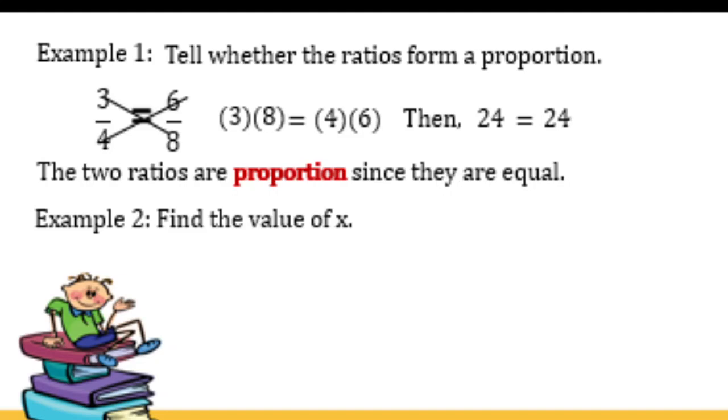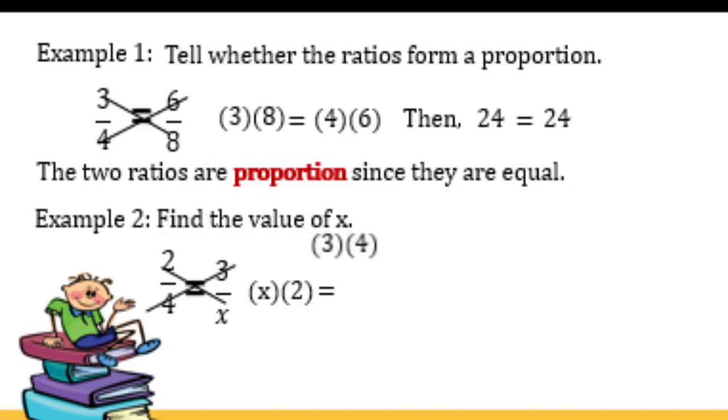Example, find the value of x. You have 2 over 4 is equal to 3 over x. So we have to cross multiply the 2 and x. So that will become x times 2 is equal to 4 times 3.